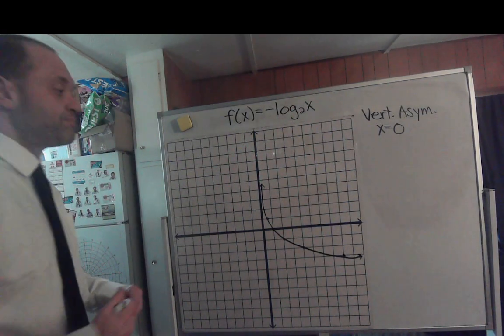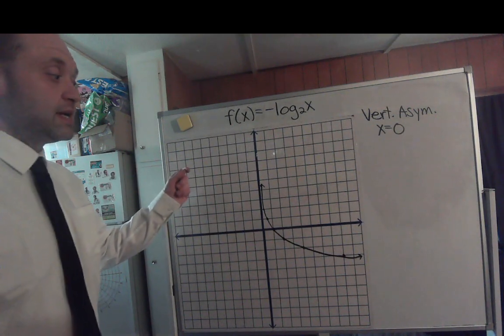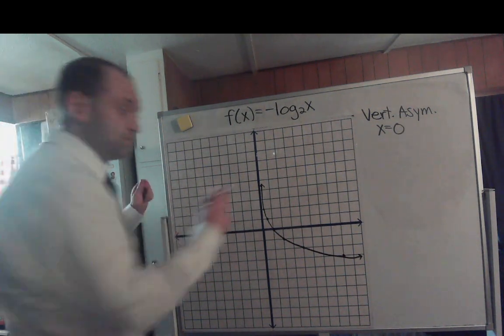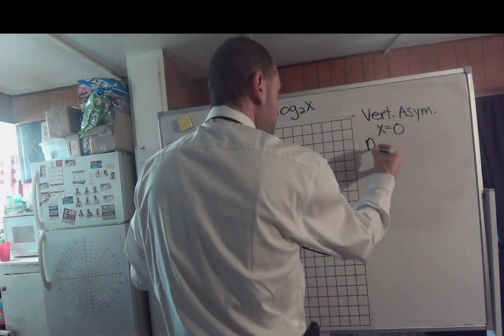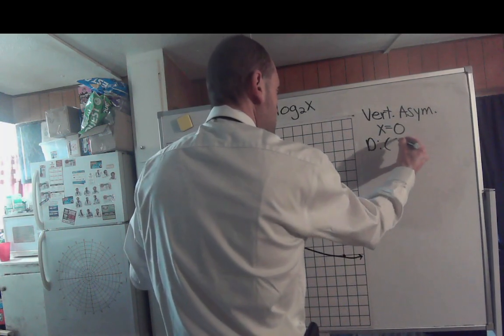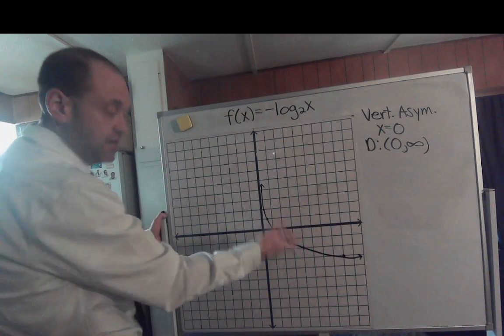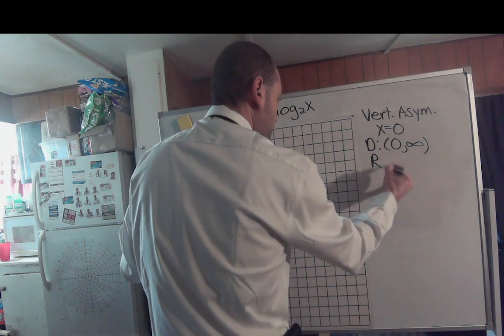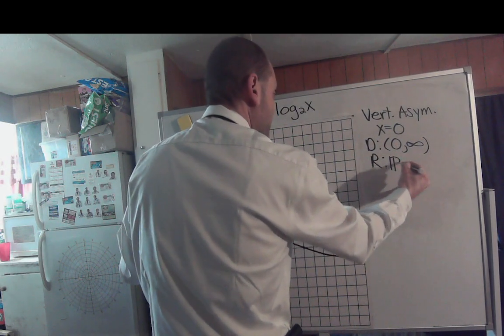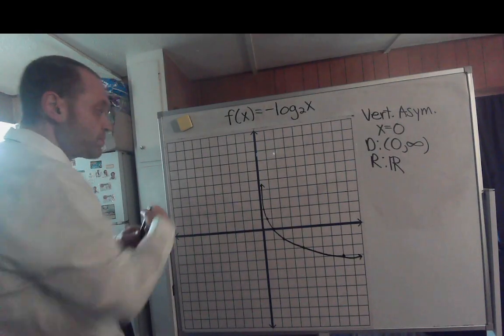And then your domain is still going to be from 0 non-inclusive to infinity. And then your range is still negative infinity to infinity, so your range is still the set of all real numbers. All right.